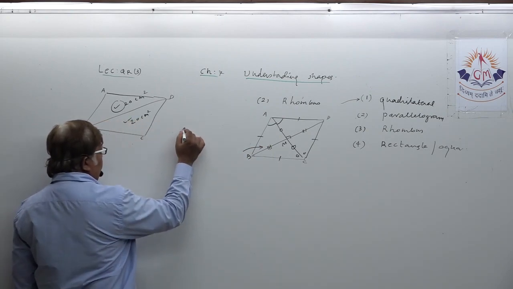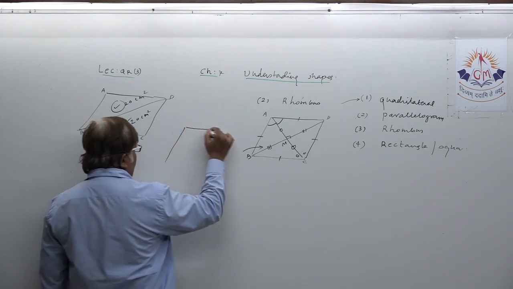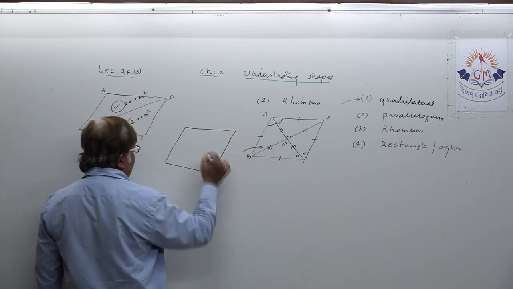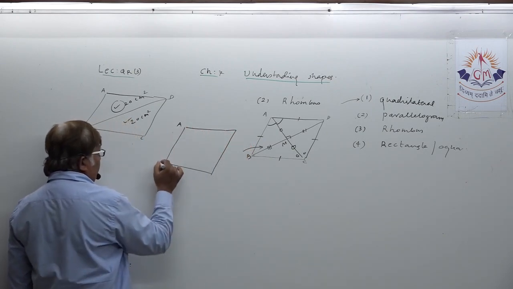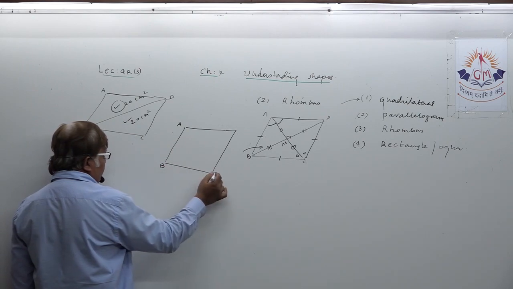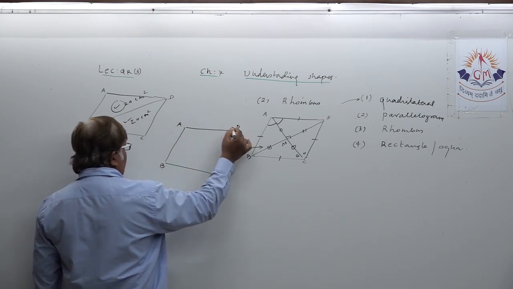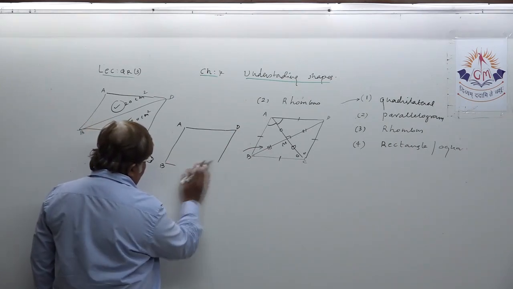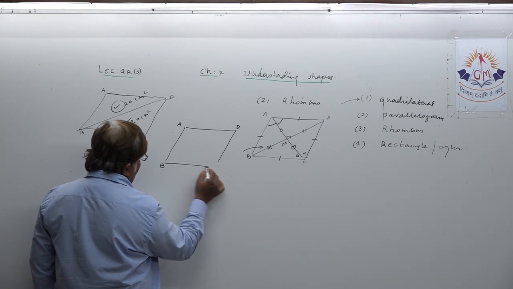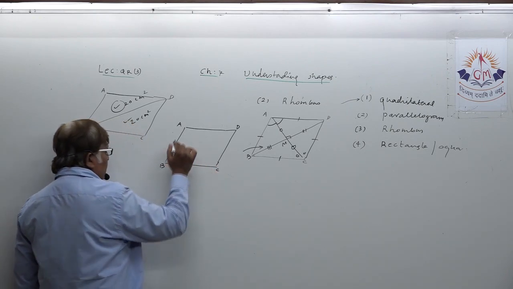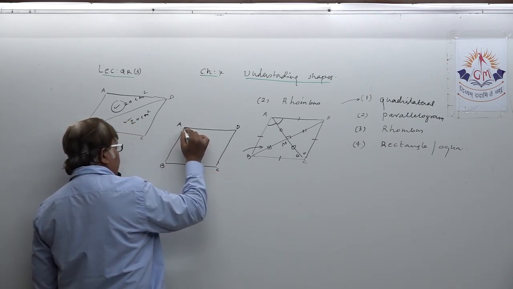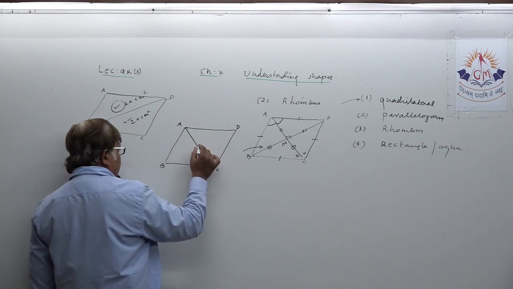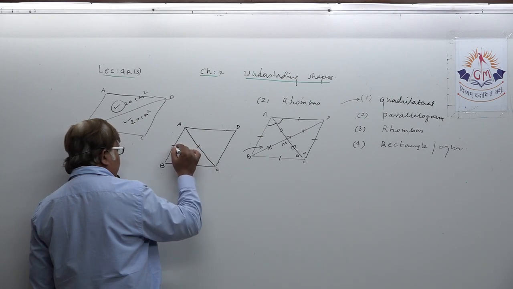Suppose, dear student, one difficult example. Suppose this is a rhombus. Try to understand. In this rhombus, remember one very important thing. It has been given that in this rhombus, one of the diagonals is equal to one of the sides.